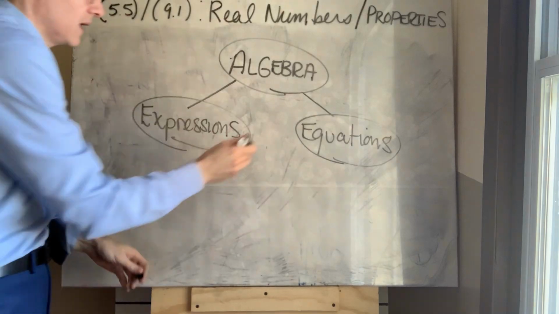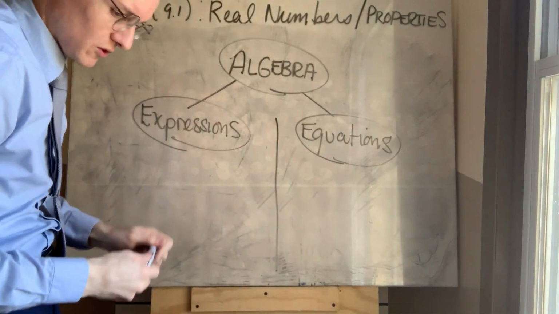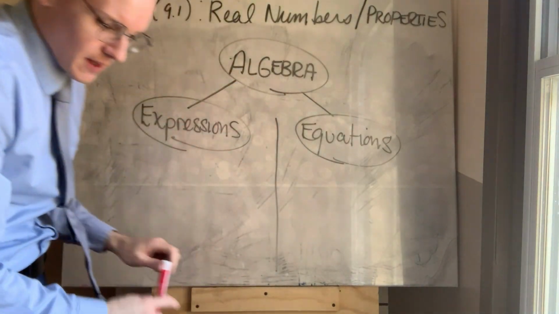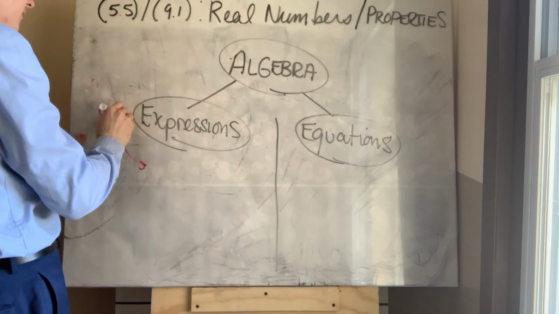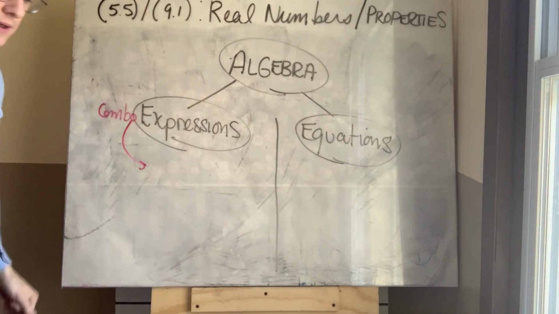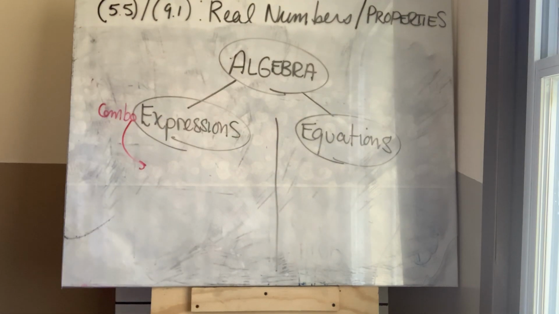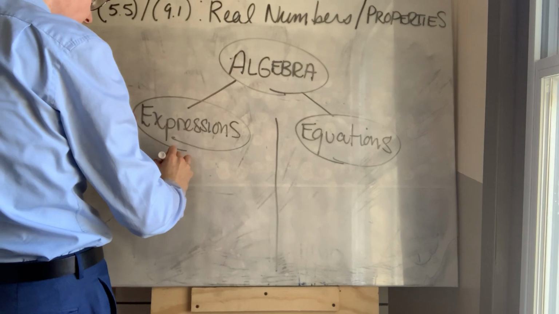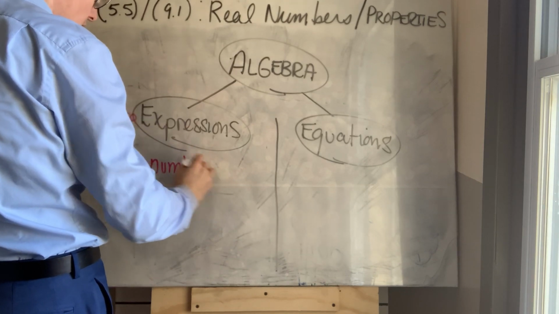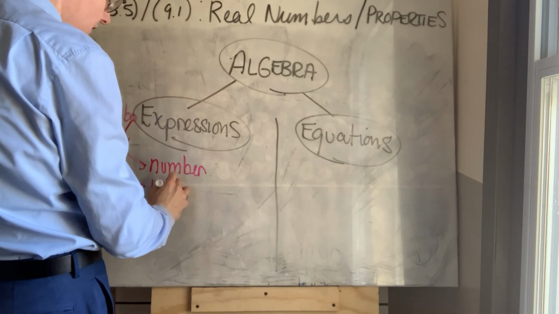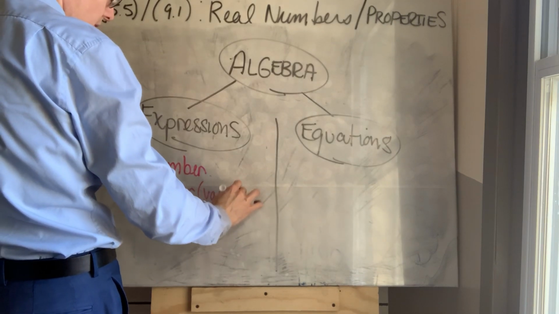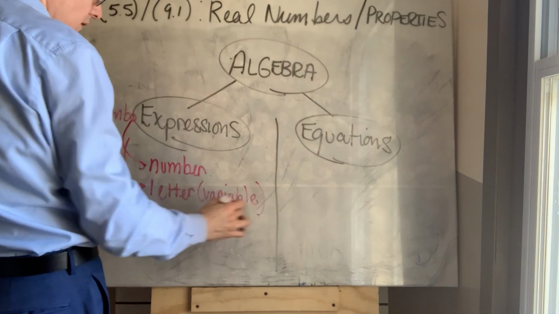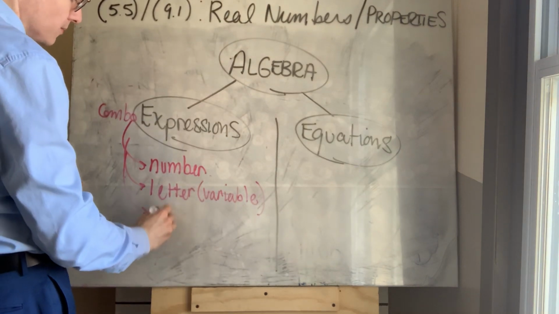Okay. And what's an expression? Well, an expression is basically a combination of at least 2 out of 3 of these things. It's usually a number, a letter, which would be more appropriately referred to as a variable, and some operation between them.